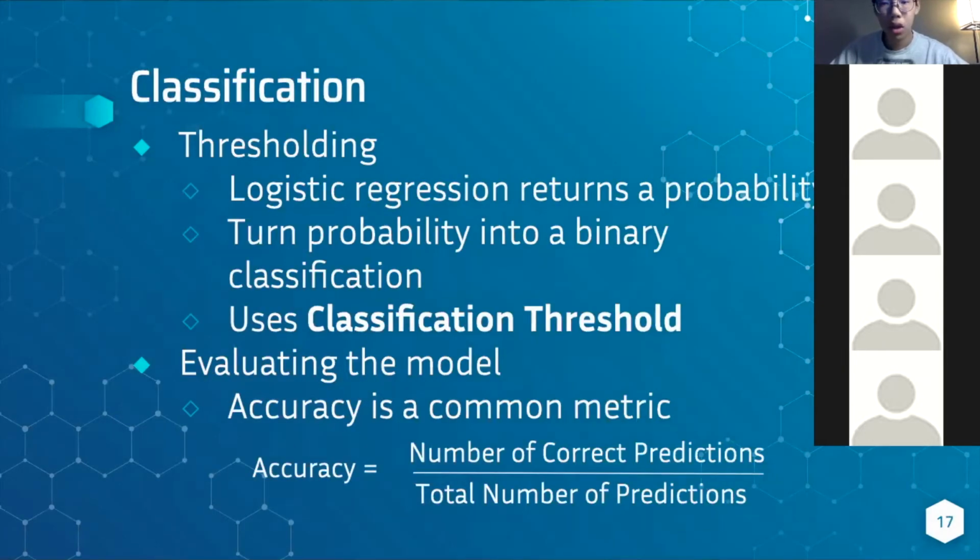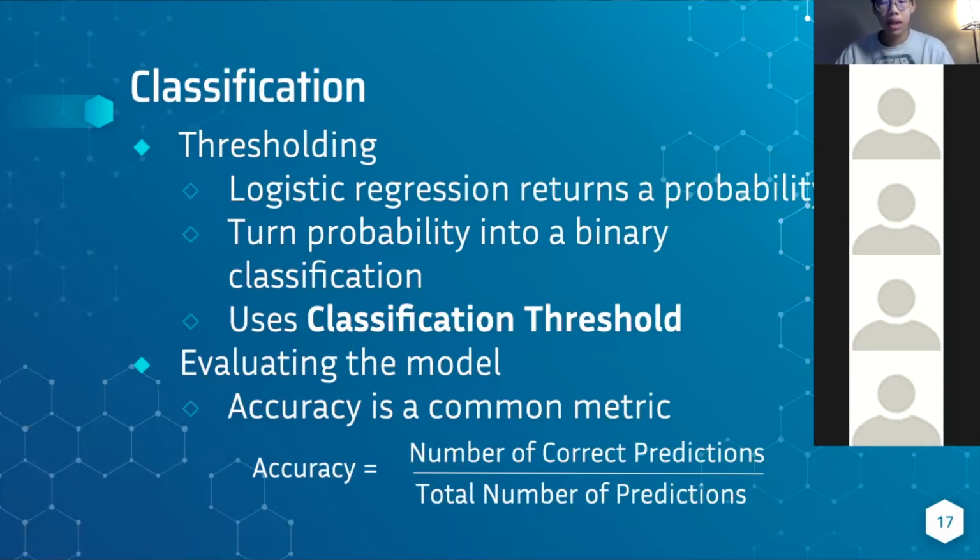Okay, so along with logistic regression, we also use classification. Logistic regression returns a probability between 0 and 1. And we use the classification model to turn that probability into a binary classification between 0 and 1.